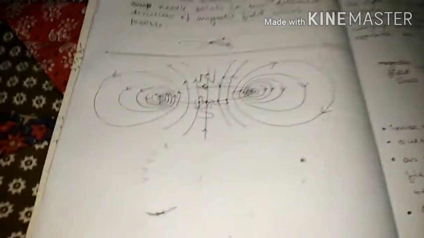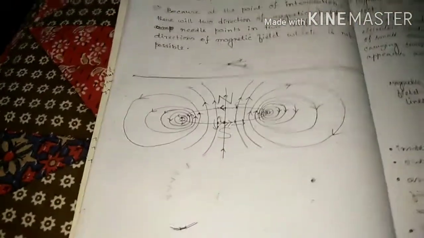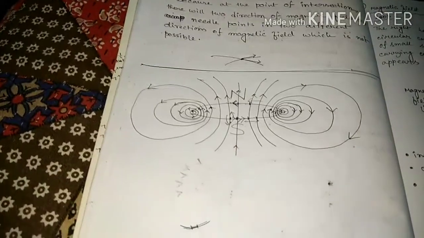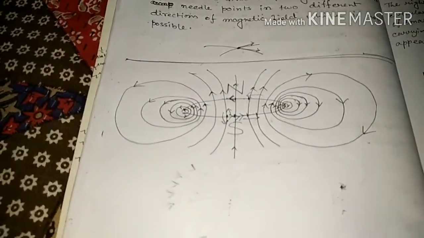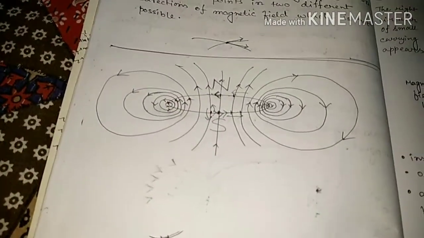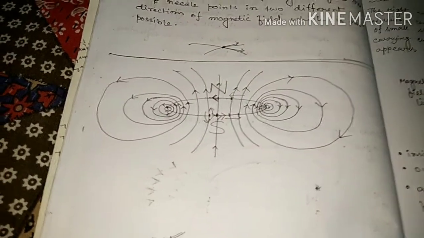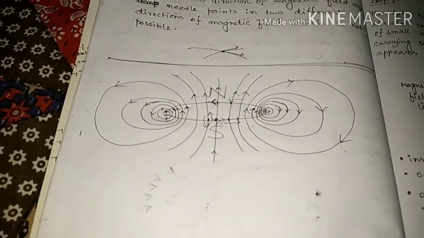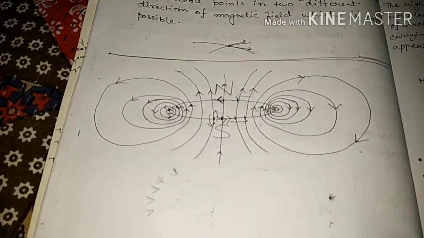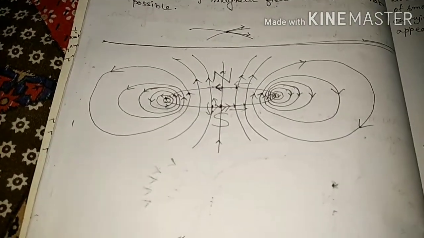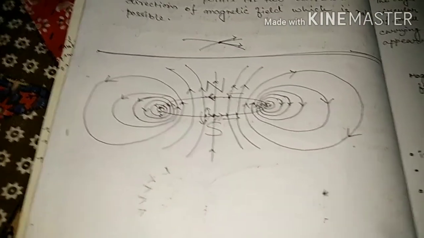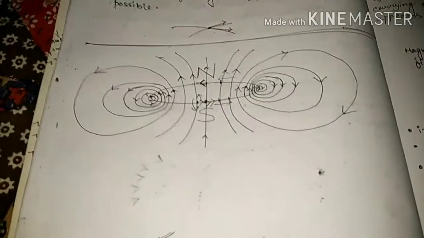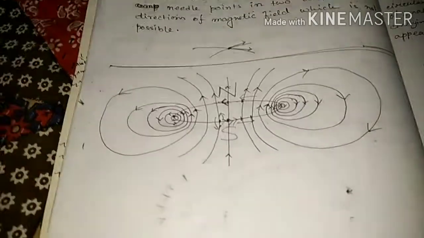Now, when the magnetic field is generated, what is one property of a magnet? That it has two poles, like electric charge. There are two types of charge, positive and negative. Similarly, whenever a conductor or any magnetic substance is converted to a magnet, it also has two poles: one is a north pole, another is a south pole.